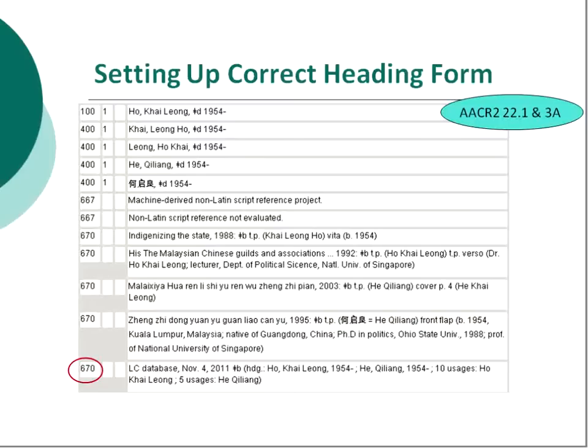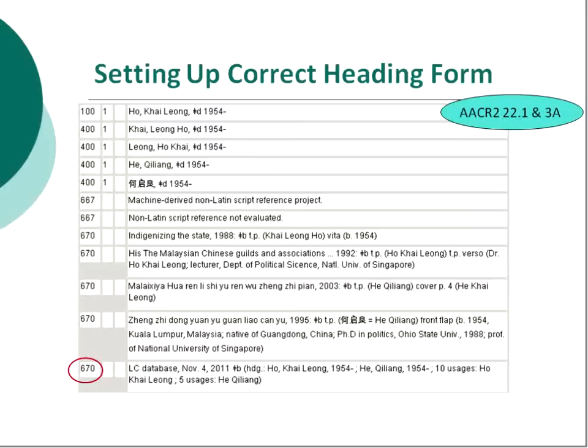So from this search, we know the predominant or most commonly known form for this author's name is the one with 10 usages, which is HO. Indeed, back here in the 100 field, you see the cataloger set up the heading using the most commonly known form.